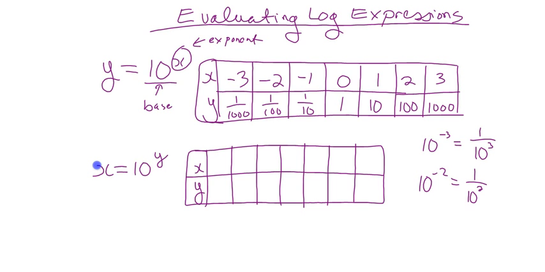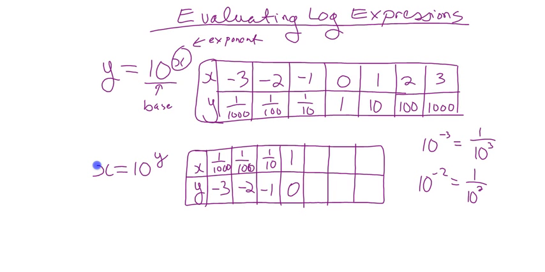If y is negative 3, what's x? One over 1,000. If y is negative 2, what's x? 1 over 100. If y is negative 1, what's x? If y is 0, what's x?